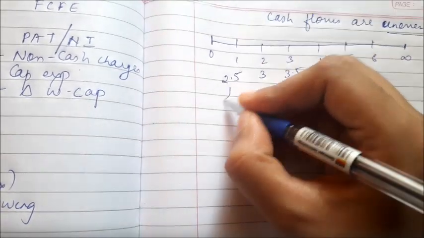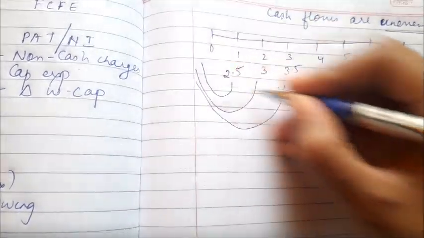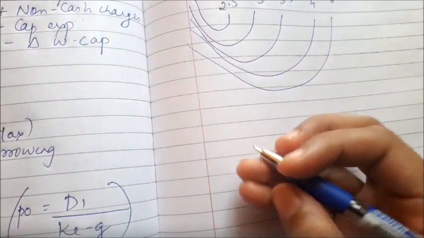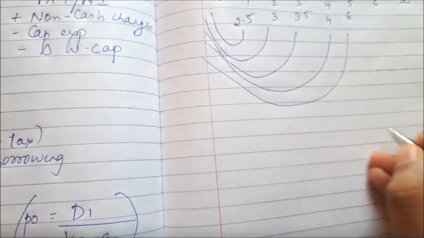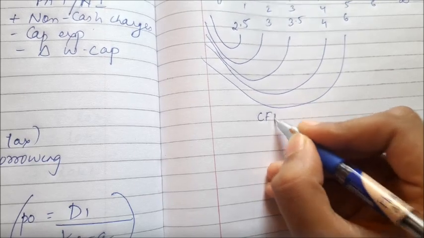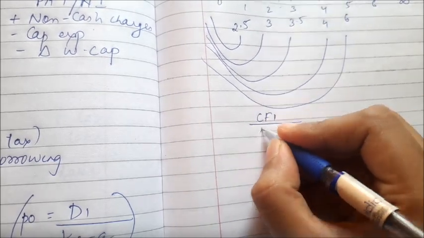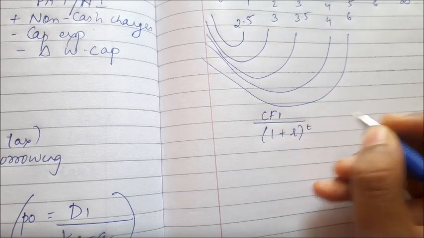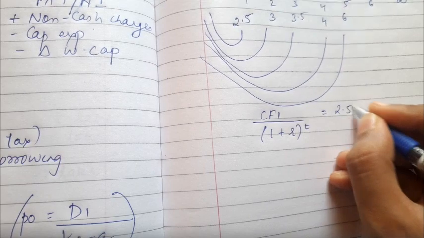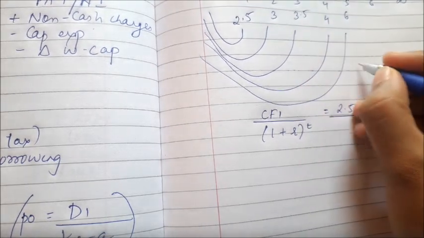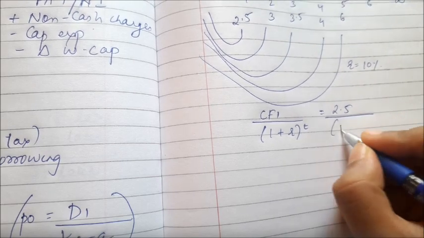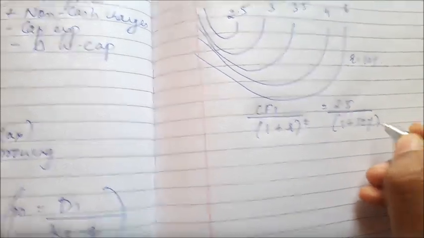We can do one thing, that is we can bring all these cash flows to the present value. How do we find the present value? We take the cash flow at year 1 divided by 1 plus r to the power t. This is the formula. I'll show one example: 2.5, and suppose the rate in this question is 10%, that would be 1 plus 10% to the power 1.